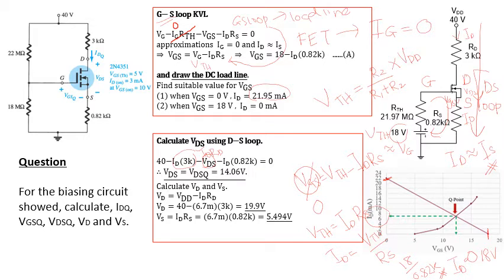Alright. Then you can solve by inserting the value of the ID that you found from this Q point, this IDQ. Then you can rearrange, solve, then finally you can get the value of the VDSQ.